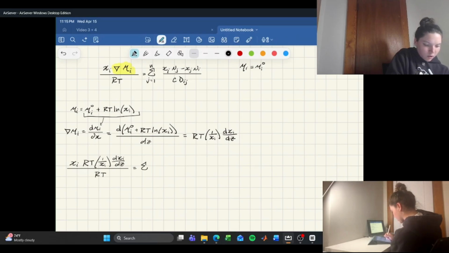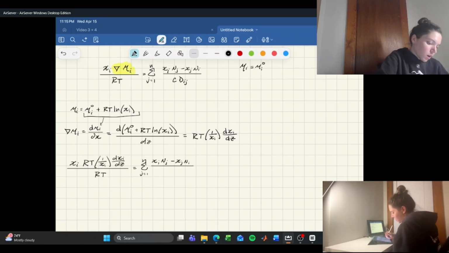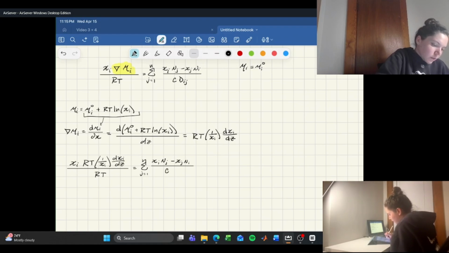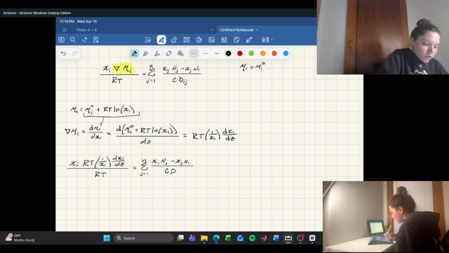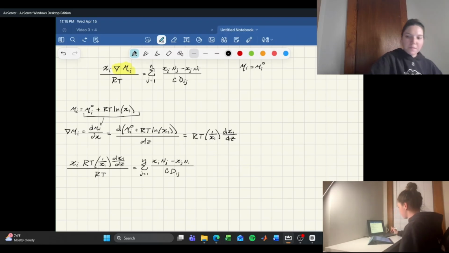is equal to the sum of the mole fraction of i times the molar flux of j minus the mole fraction of j times the molar flux of i, all over the concentration times the diffusion coefficient of ij.